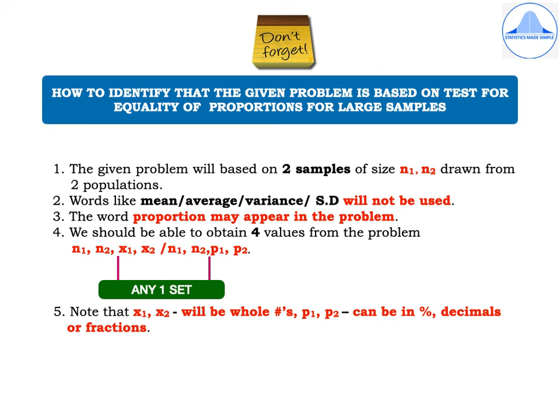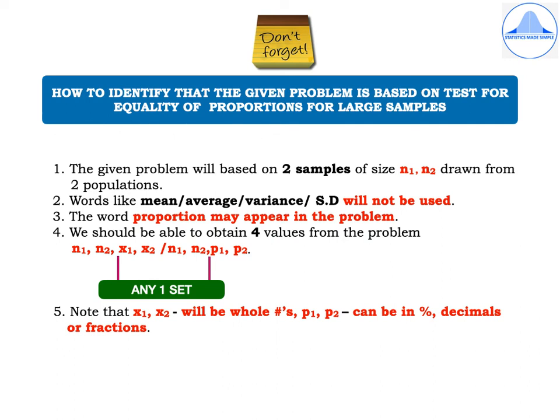Then we should be able to obtain four values from the problem, that is n1, n2, x1, x2. That is the two sample sizes, and we also need the number of units in the first sample and the number of units in the second sample which possess a particular attribute. Or the other set is we need n1, n2 and p1, p2, where n1 and n2 are the two sample sizes and small p1 and small p2 are the two sample proportions.